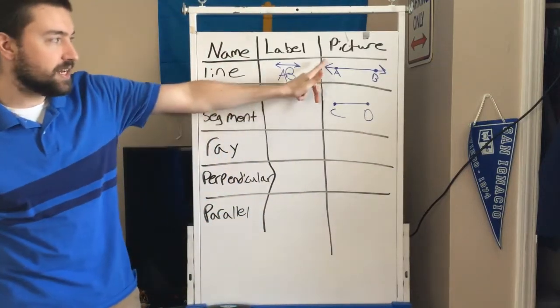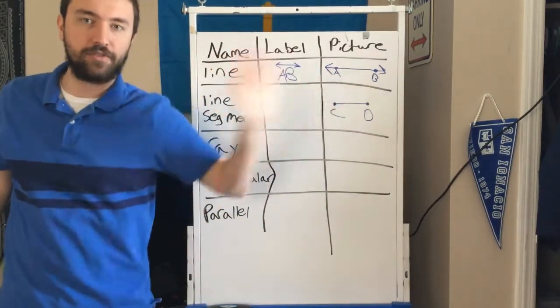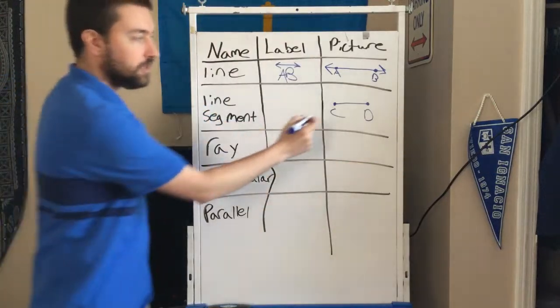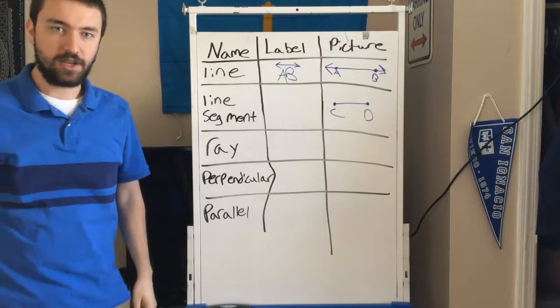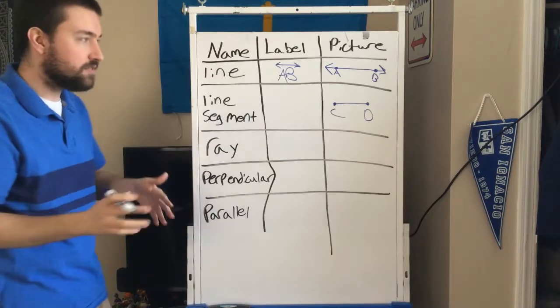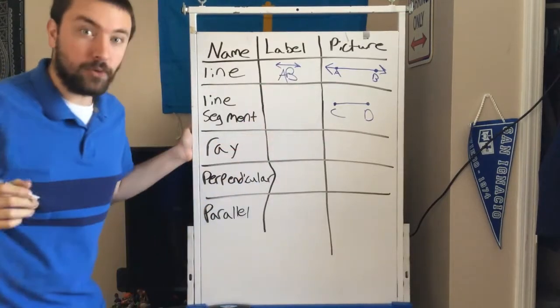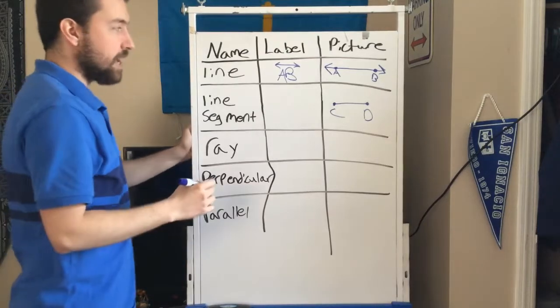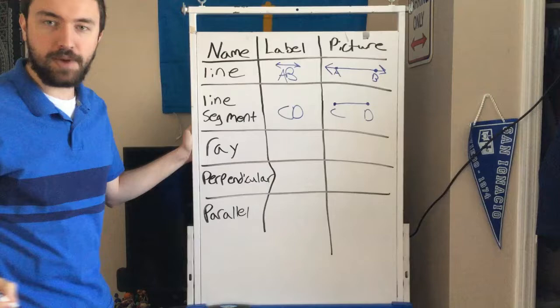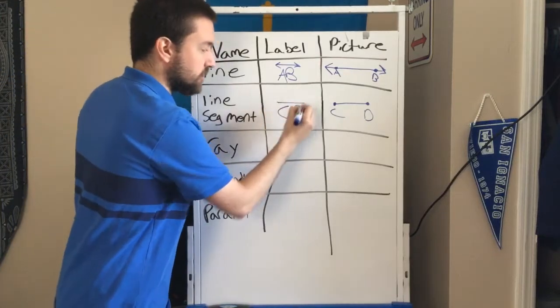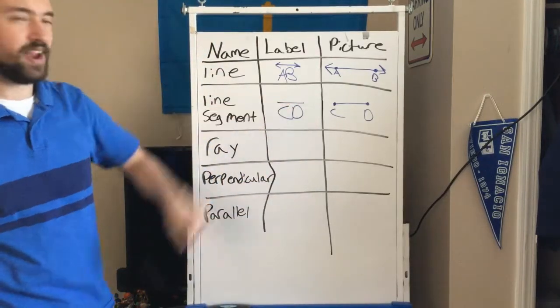Notice how the line has arrows telling me it goes on forever and ever in both directions, but the line segment stops. It begins and ends. There's a finite part of this line. Now it's labeled almost the same way as a line. It's the two letters, the two points that it passes through, and then it's just a line with no arrows on top.